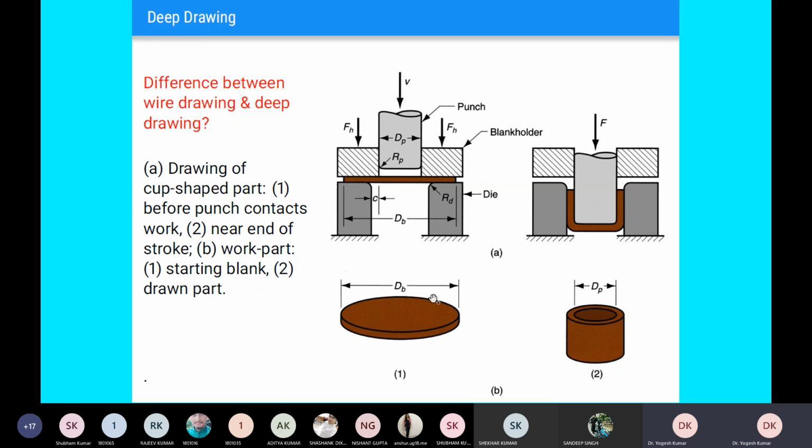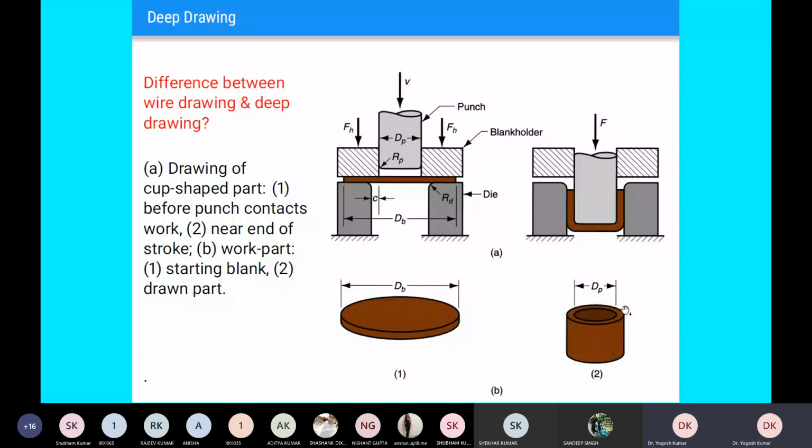Okay, so here we have a circular blank, and it is placed over this die cavity, and a punch pushes this blank into the die opening. Okay, and after the application of this punch force, it takes a cup shape. This cup shape is visible here.